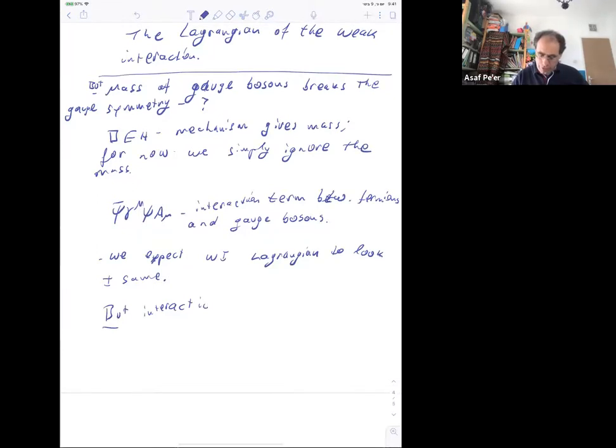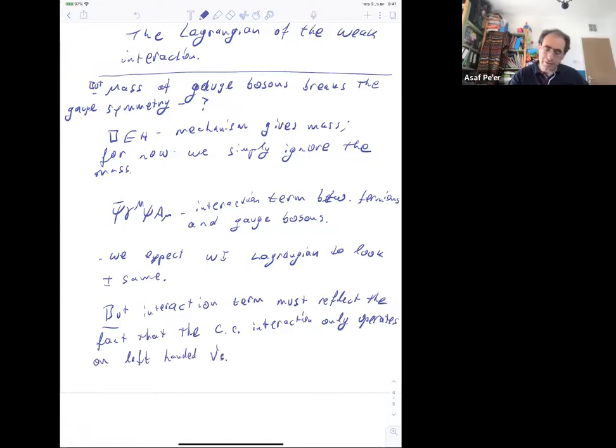The interaction term must reflect the fact that the charged current interaction only operates on left-handed neutrinos. Left-handed helicity states of neutrinos, to be more precise.